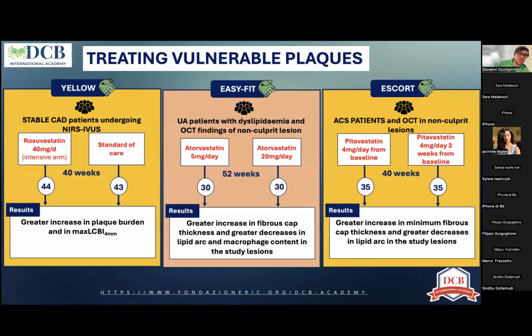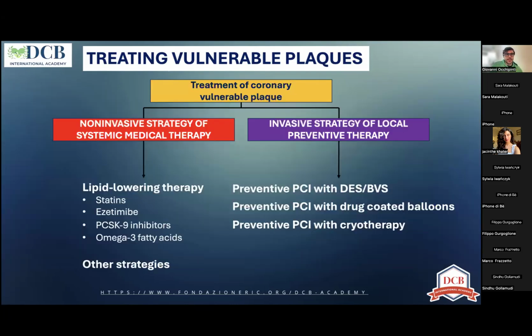With regard to non-invasive strategies of systemic medical therapy, it's true that the major focus is the vulnerable plaque, but it's not just the concept of treating the vulnerable plaque. From this concept we obtain information on the importance and the aim of treating the vulnerable patient.